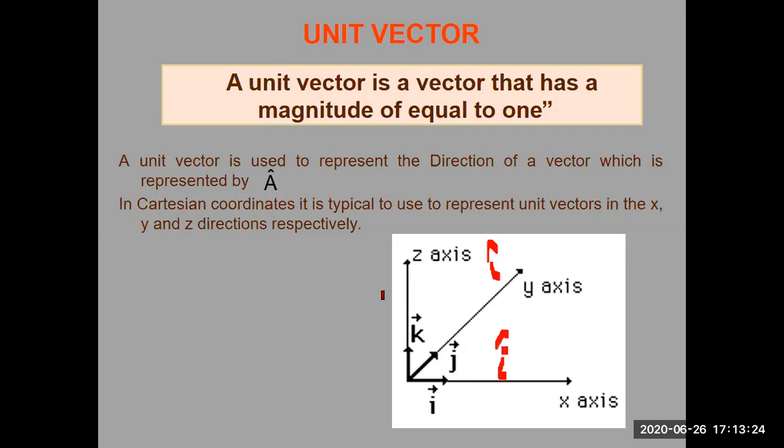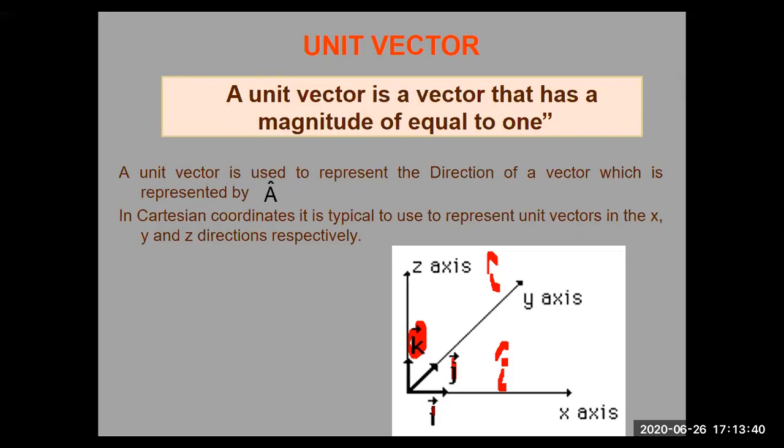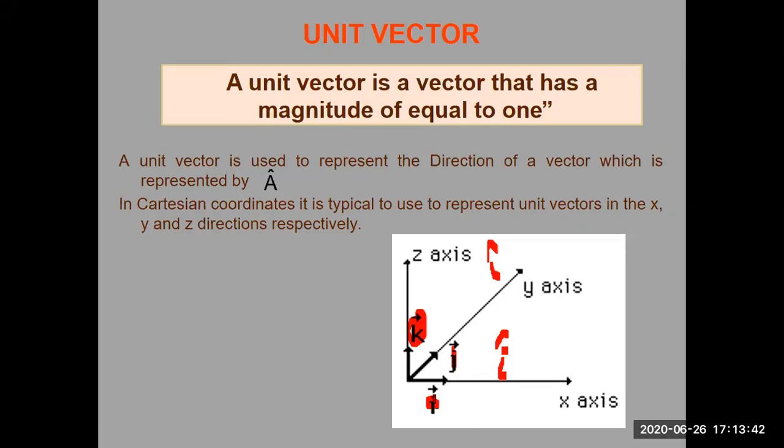Along the y-axis, the unit vector is j. And along the z-axis, the unit vector is k. So this is the concept of a unit vector, which shows the direction of a vector along any axis.